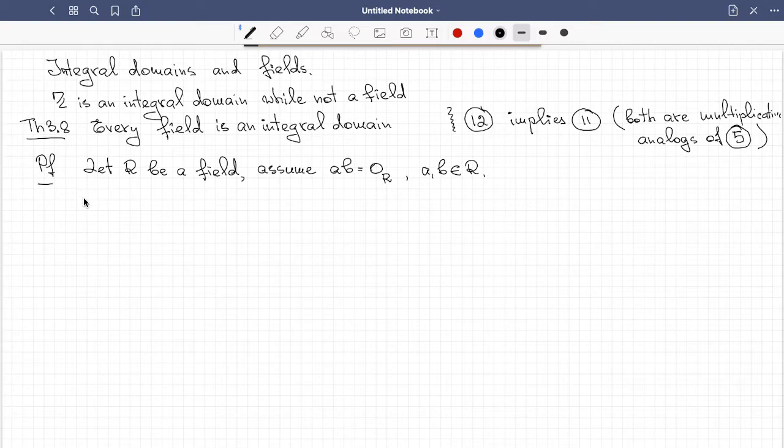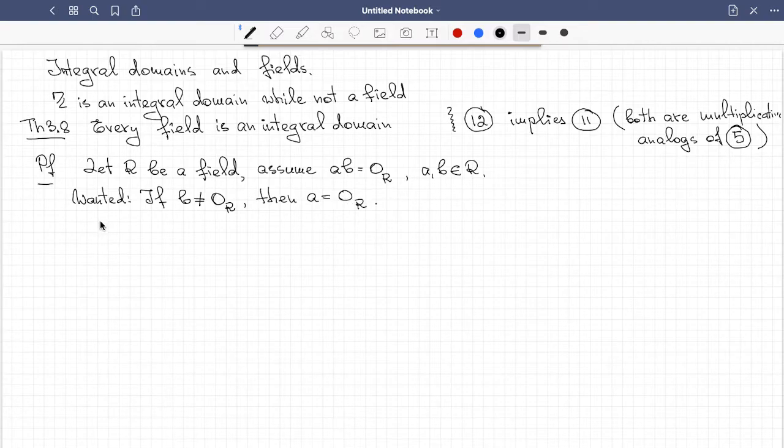So what I want to prove: if B is not 0 in our field, then A is 0 in the ring.